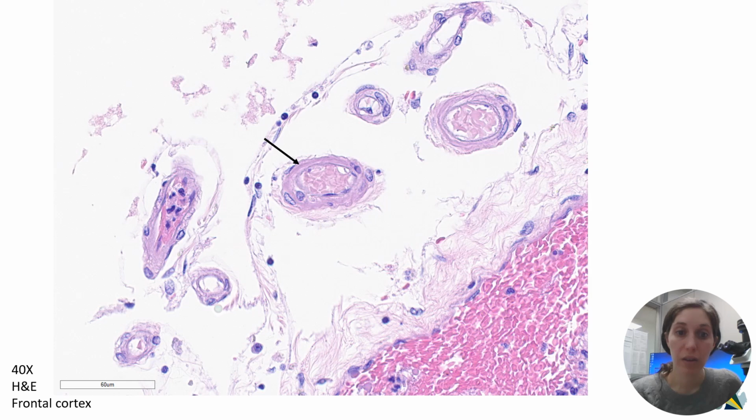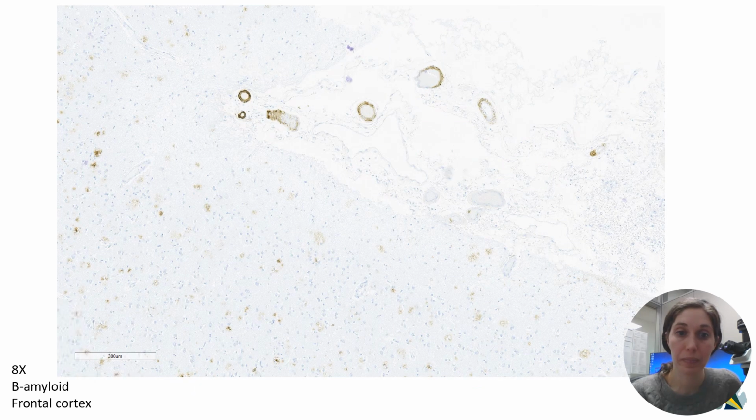And here's another image of some leptomeningeal vessels. These are a little bit smaller. And again, you can kind of see this accumulation of pink stuff in the vessel wall. And now we can also do, in addition to H&E, immunostains. And this is an immunostain for beta amyloid, so it will turn all the beta amyloid brown.